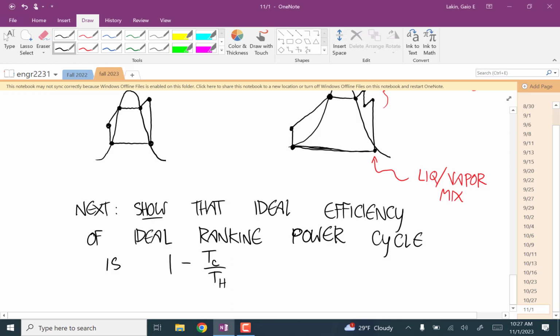And we're going to use the specific stuff that we know about this cycle.